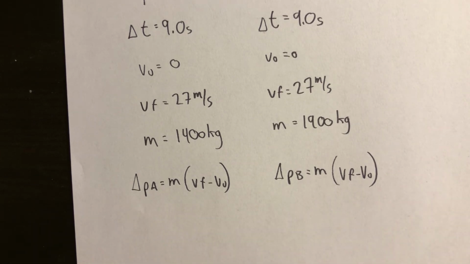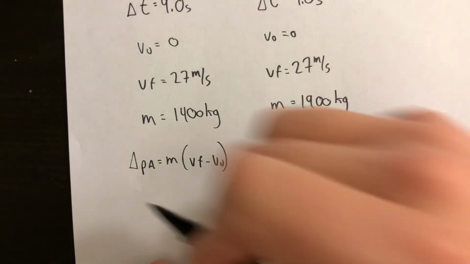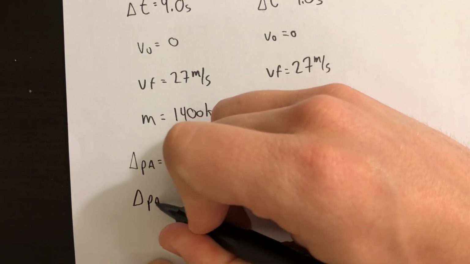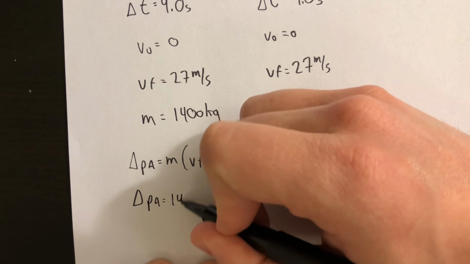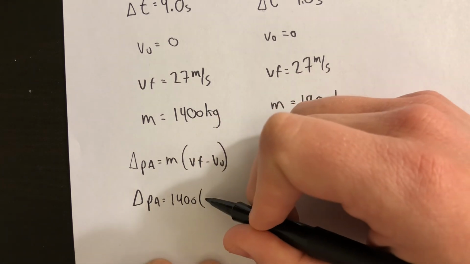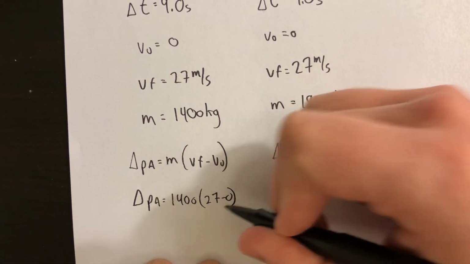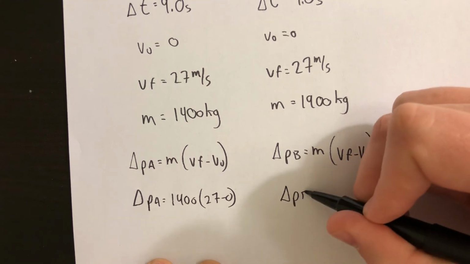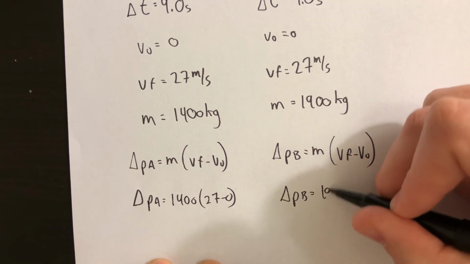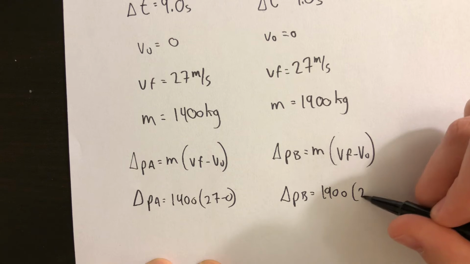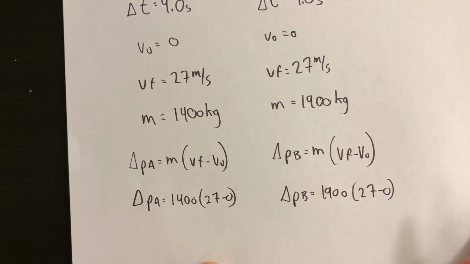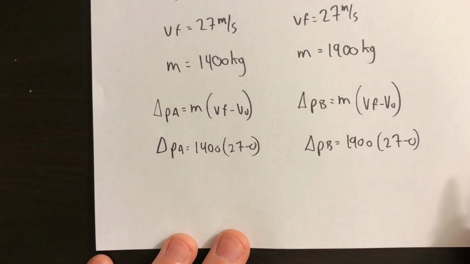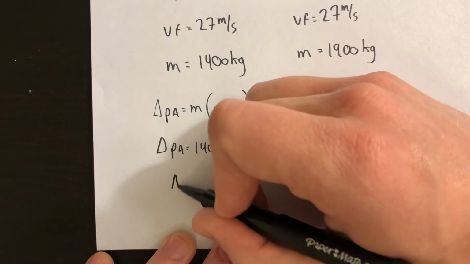They're going to have a different mass. So delta PA is 1,400 times 27 minus 0. Delta PB is 1,900 times 27 minus 0. And we'll type those in the calculator.